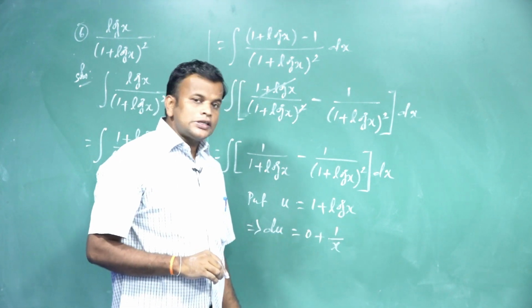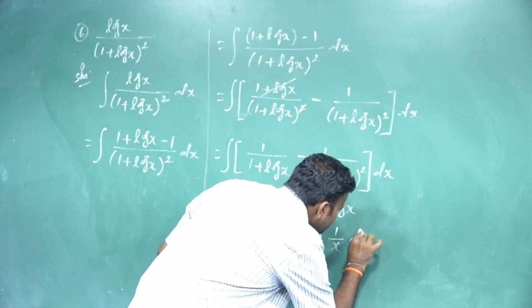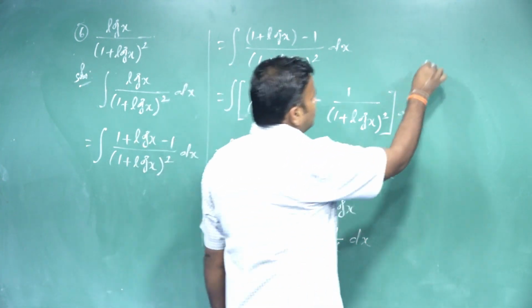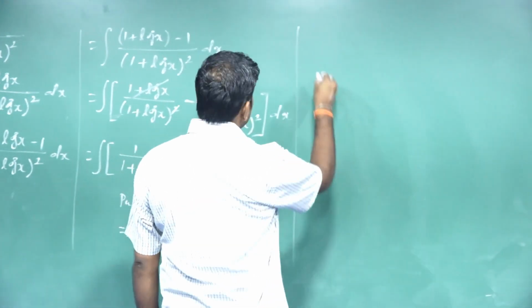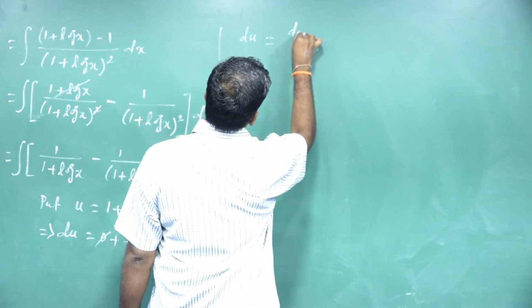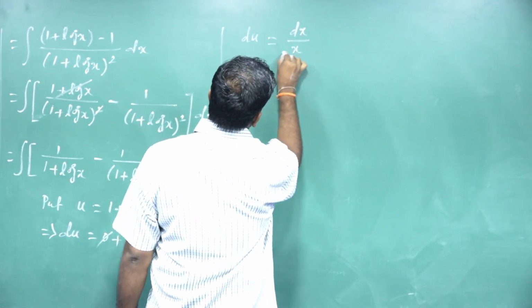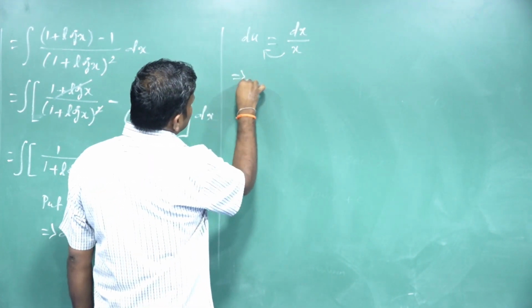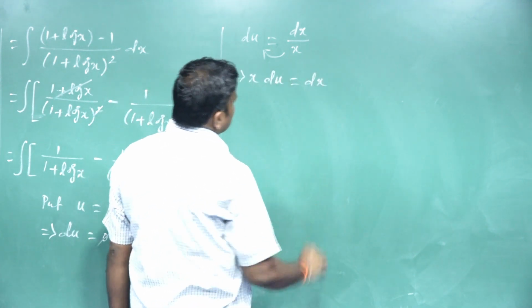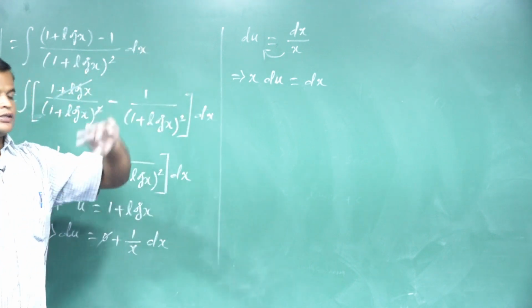Again, the differential of x is dx. So we leave this 0. So du is equal to dx by x. The denominator x goes to the other side numerator. So x du is equal to dx.